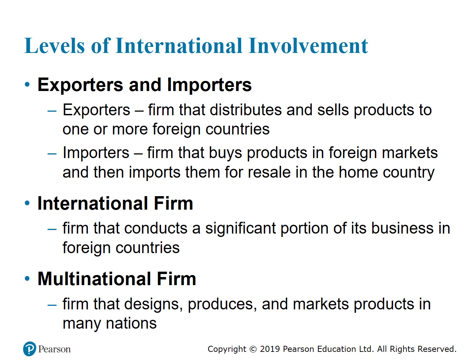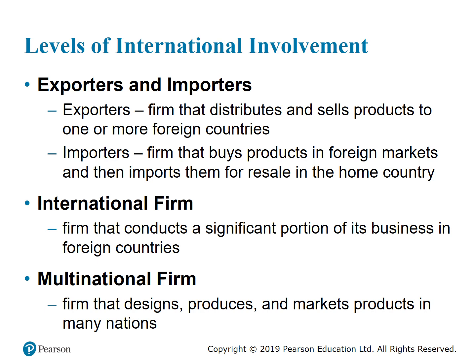After the organization has decided to go international, they need to know the level of international involvement, either just being importers and exporters, or operating an international firm or multinational firm. Importers and exporters is a very basic level of involvement, which usually involves the structure of an independent agent.